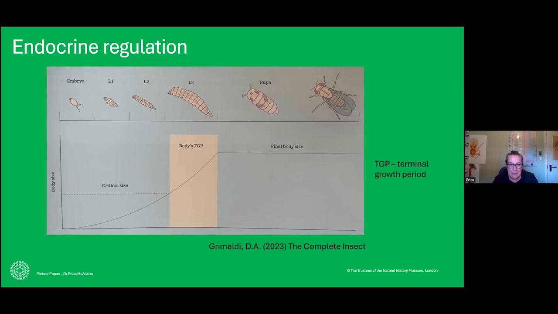So this is controlled by an insulin pathway, which uses insulin-like peptides and their actions to promote growth at different levels. And then you've got the ecdysone, which signals molting events. So you've got all of this endocrine regulation going on. And again, it's critical how large the insect is to how large the pupa is to what the adult will be.